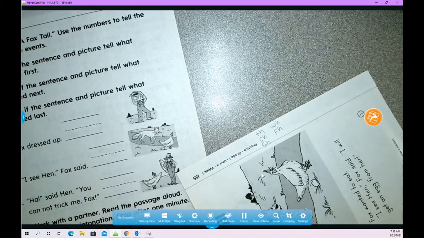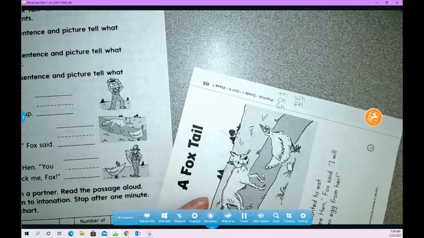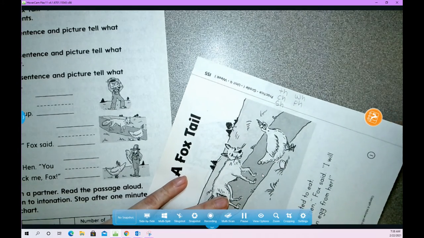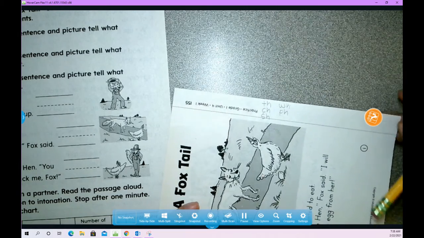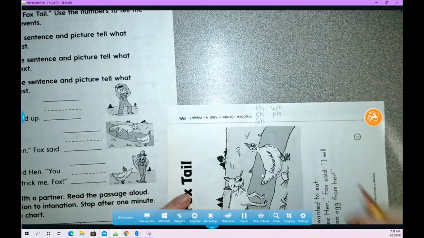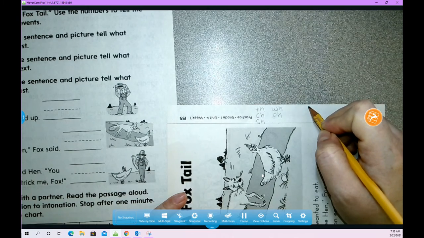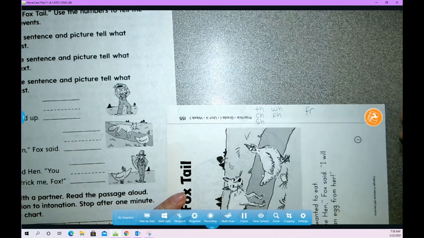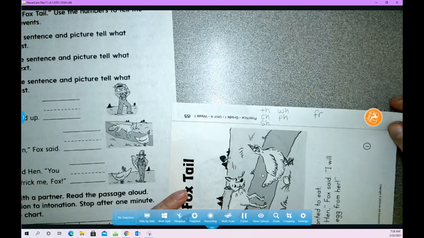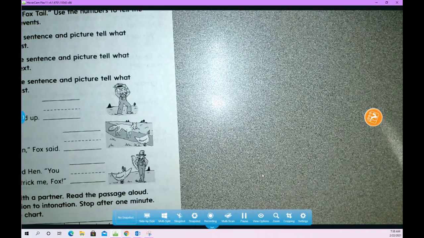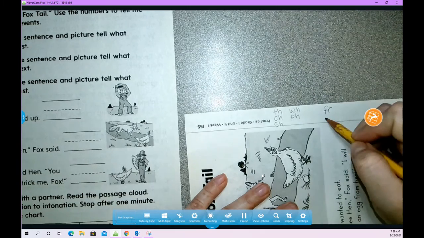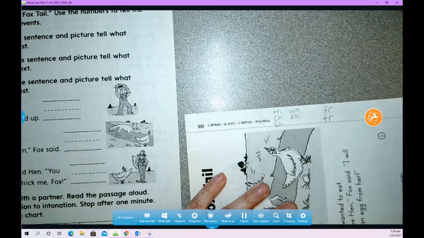I also want you to see if you find any blends. Do you see any blends in the story? Okay. Remember last week we did blends. Do you see any blends like fur? Do you see any blends like tur?